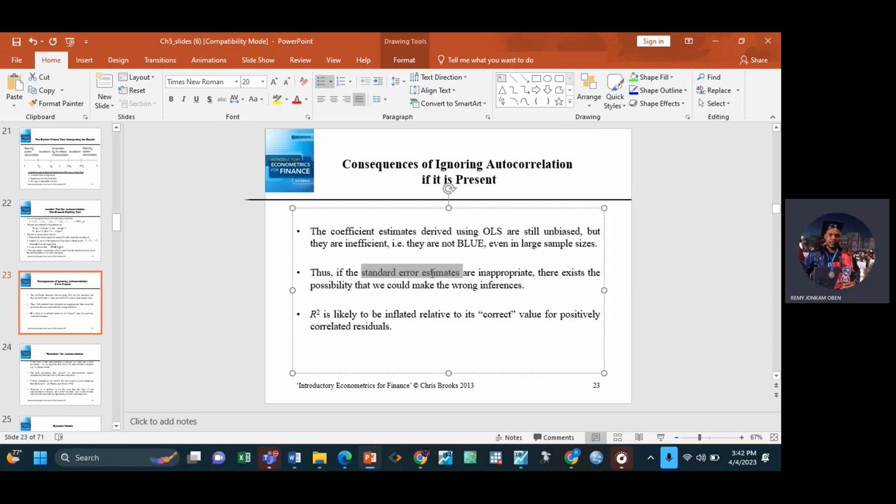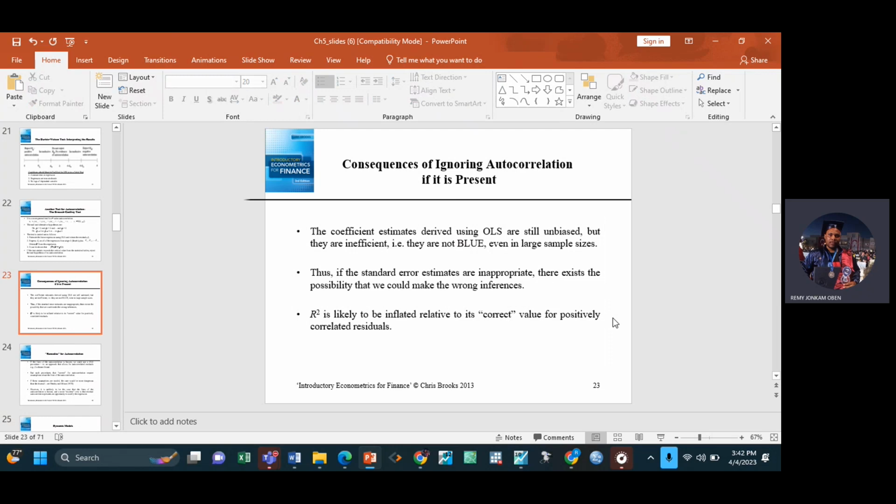Therefore, hypothesis testing will be invalid, and any inferences we make will be misleading. Okay. R squared is likely to be inflated relative to its correct value. So this is another consequence. We might have a high R squared, which is not actually telling us that there is a high explanatory power. It's just because we have autocorrelation.